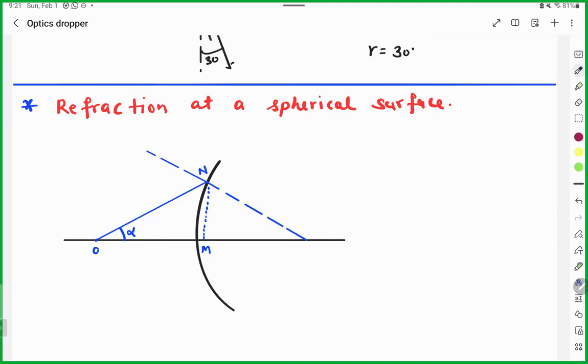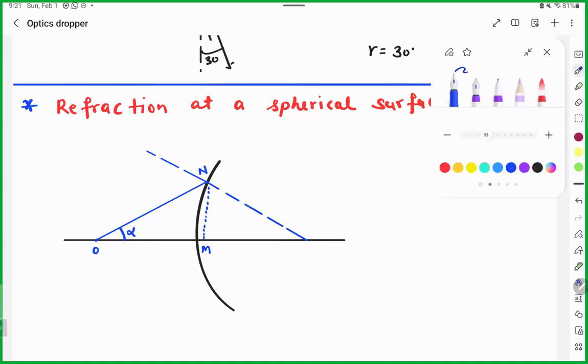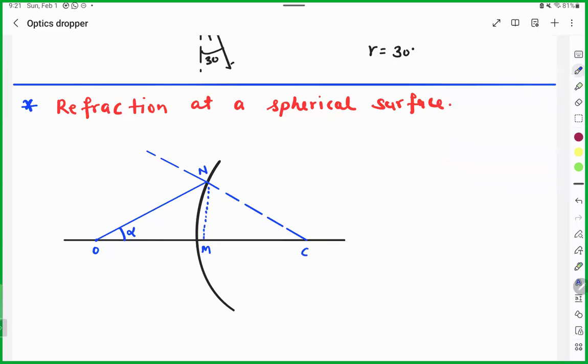So this will be your center of curvature C. The angle with the normal is known as the incident angle. We include this angle beta.